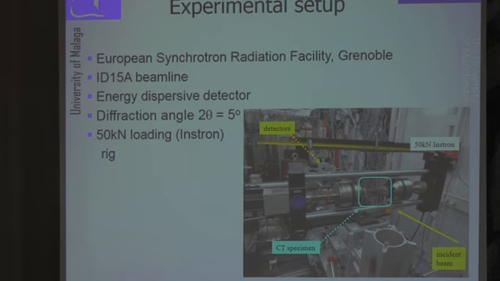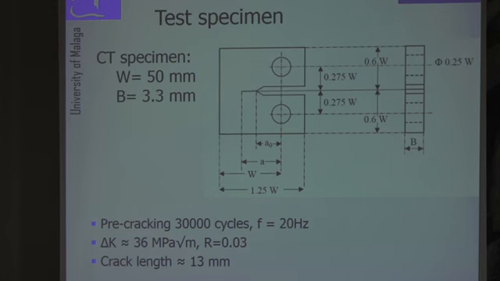From each of these detectors we measure the vertical or horizontal elastic strain. The specimen that we used was a compact tension specimen with W equal 50 and thickness 3.3.